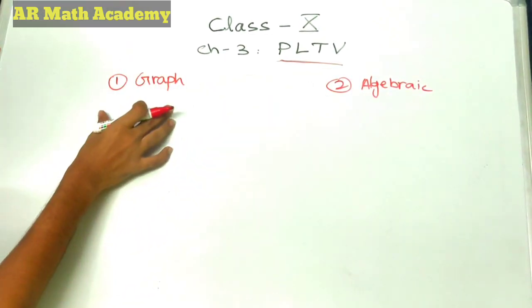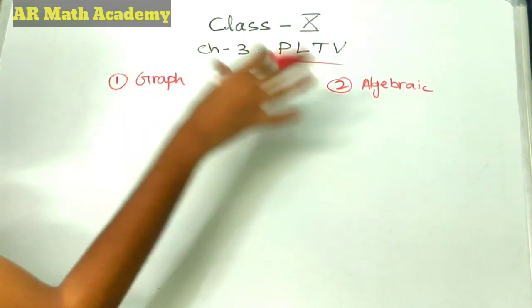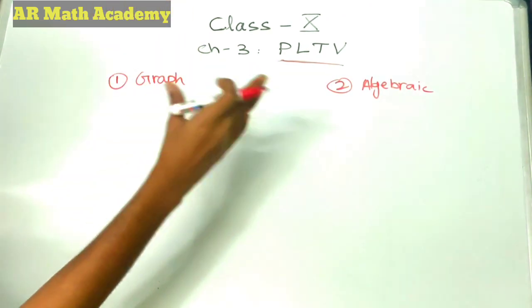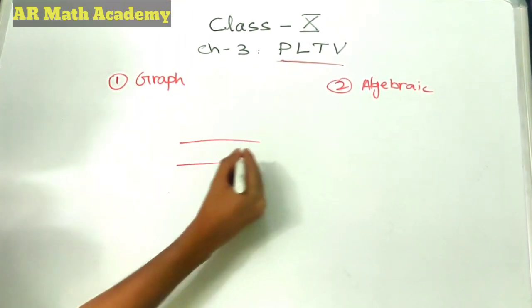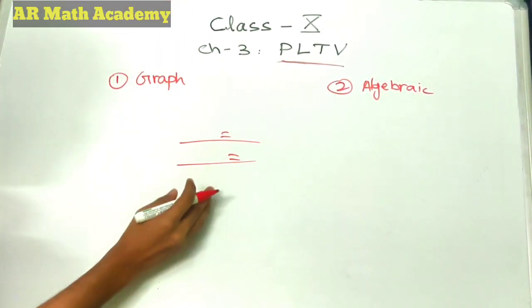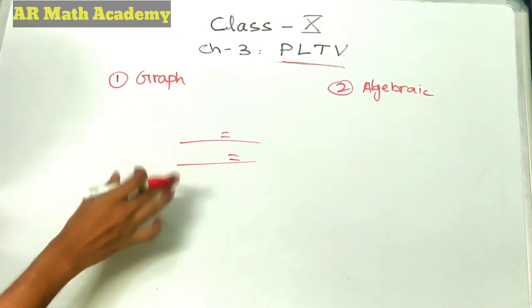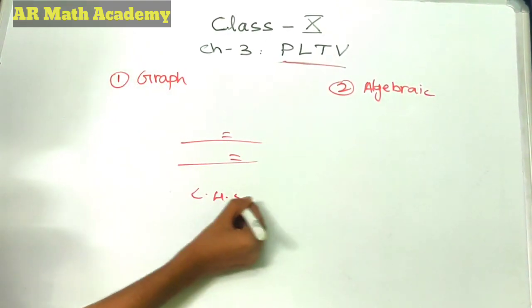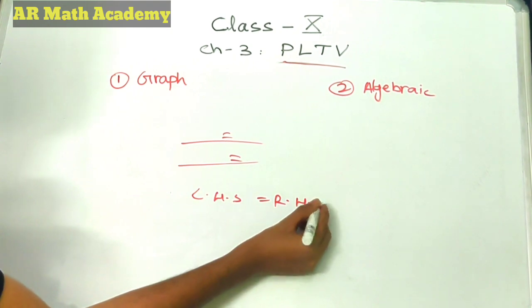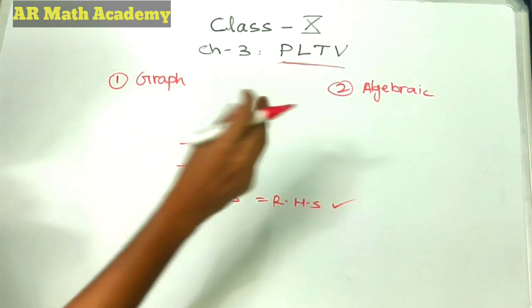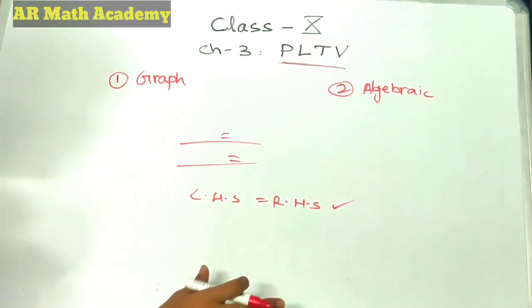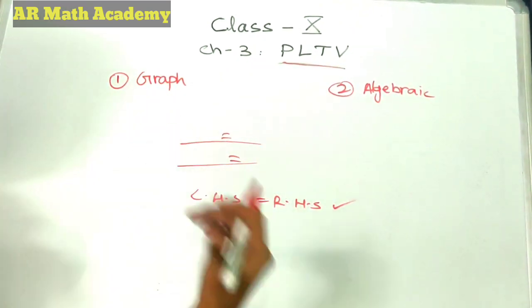So with these two methods we can start finding the values of x and y of any two given equations, and we can satisfy both the equations, as LHS being equal to RHS. So this is our primary condition. This should be equal for whatever values we substitute in place of x and y.